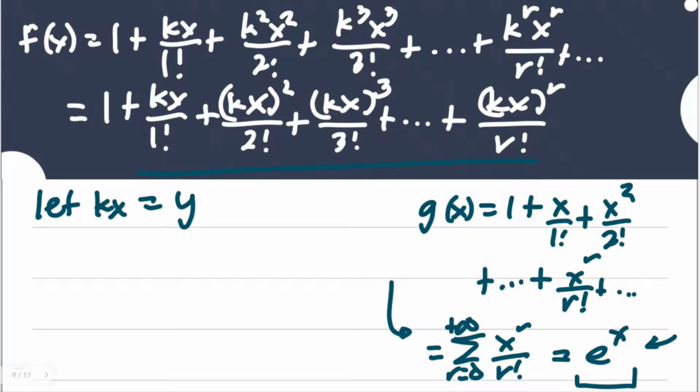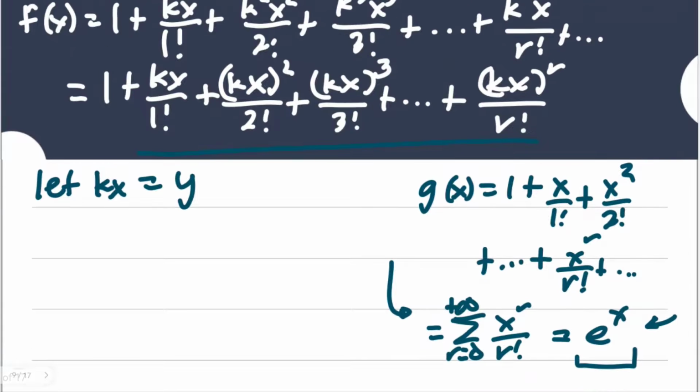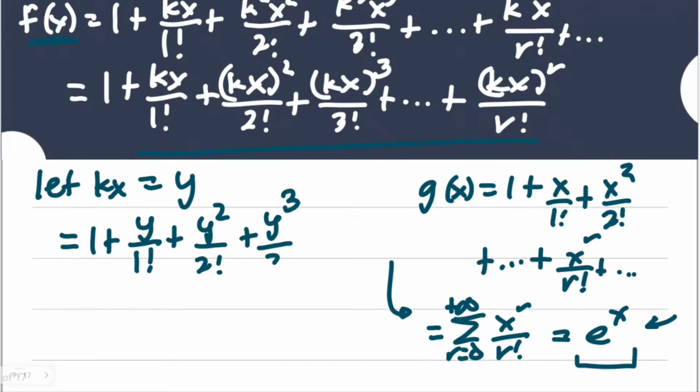Okay, so if y is equal to kx, pardon if this will no longer be equal to f of x, don't worry, we will return to that later, but just for this, we have 1 plus y over 1 factorial plus y squared over 2 factorial, y cubed over 3 factorial, until you reach y to the power of r over r factorial.